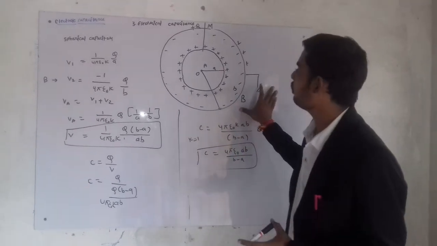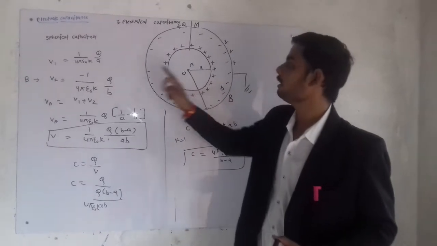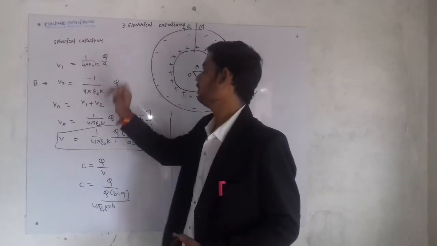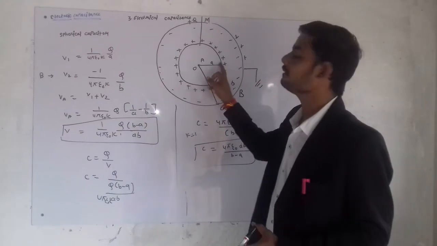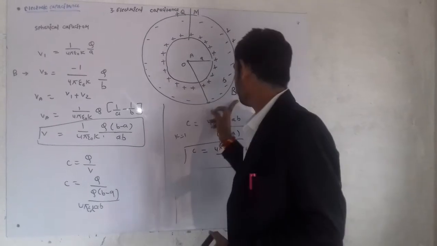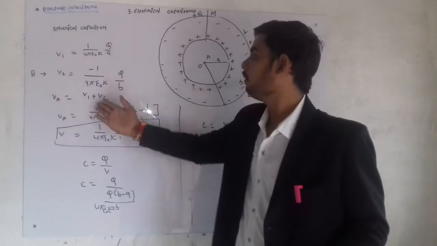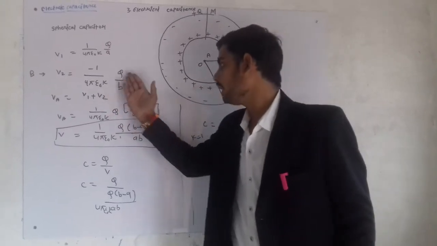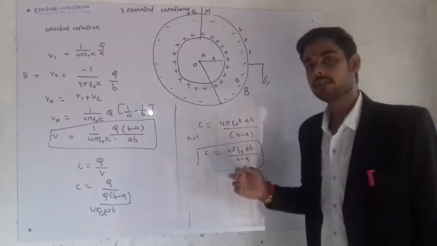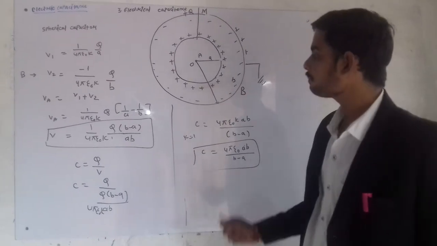We know that the potential of sphere A is 1 upon 4 pi epsilon naught K, Q upon a, where a is the radius. Similarly, due to the negative charge on sphere B, V2 will be minus 1 upon 4 pi epsilon naught K, Q upon b. Why do we take minus? Because sphere B has only negative charge.